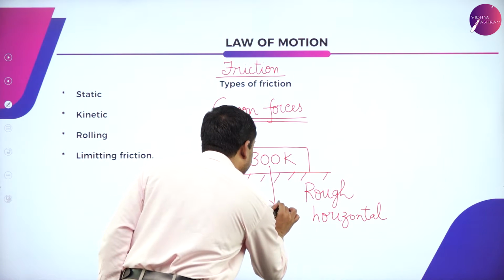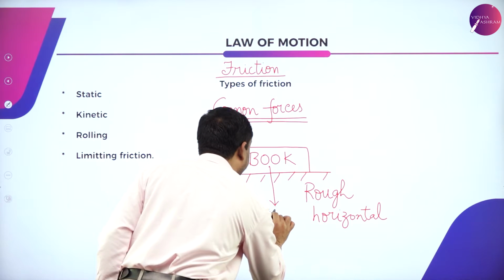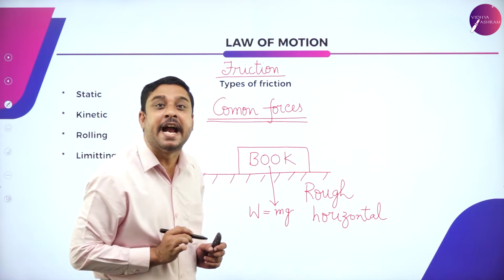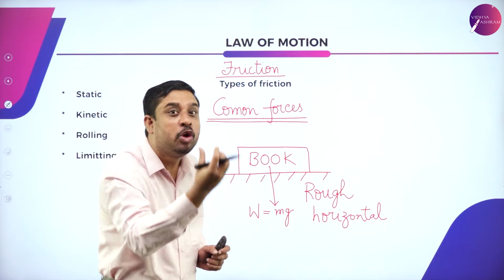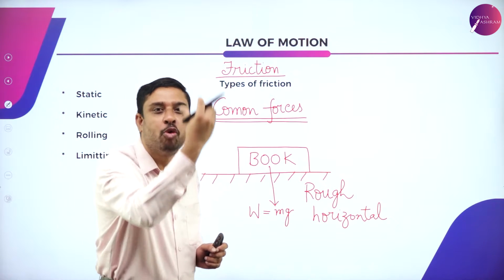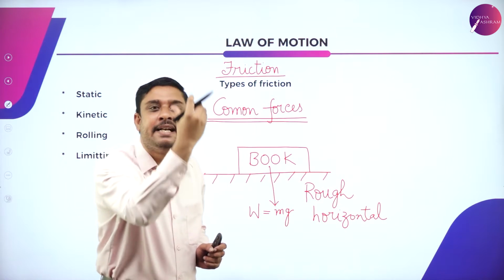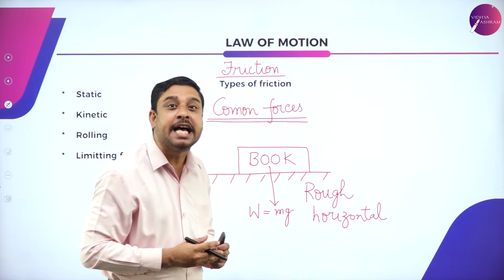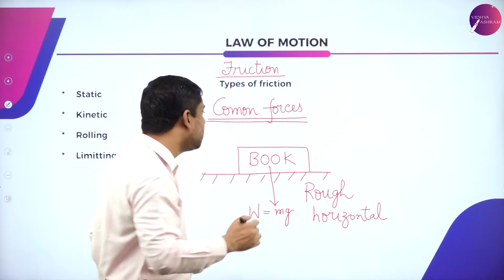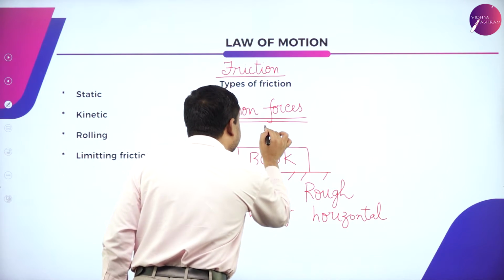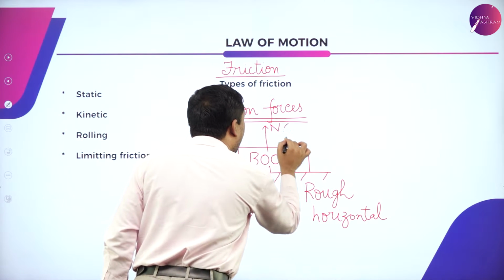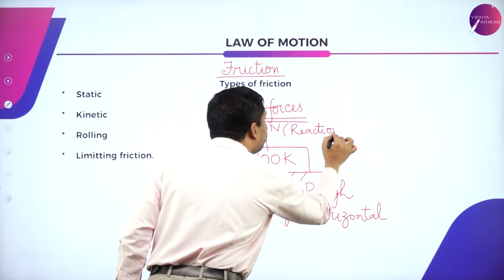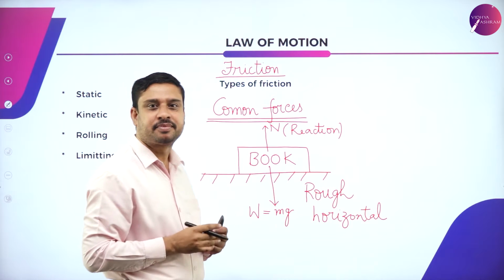Now there will be a downward force acting, which is due to the weight of the book. We studied downward force due to gravity, under the influence of gravity, what we call weight. And opposite to this weight, the force acting is called normal reaction.